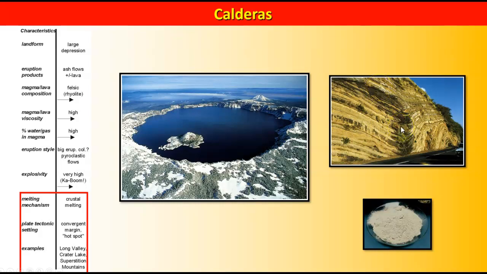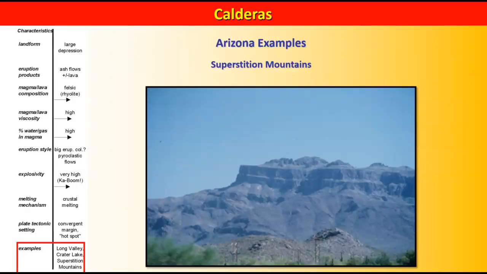You can look at it and say, hey, this is light in color, this is felsic, this might be from a very violent eruption. So just by looking at its color, at this level, we can make some interpretations from that observation.